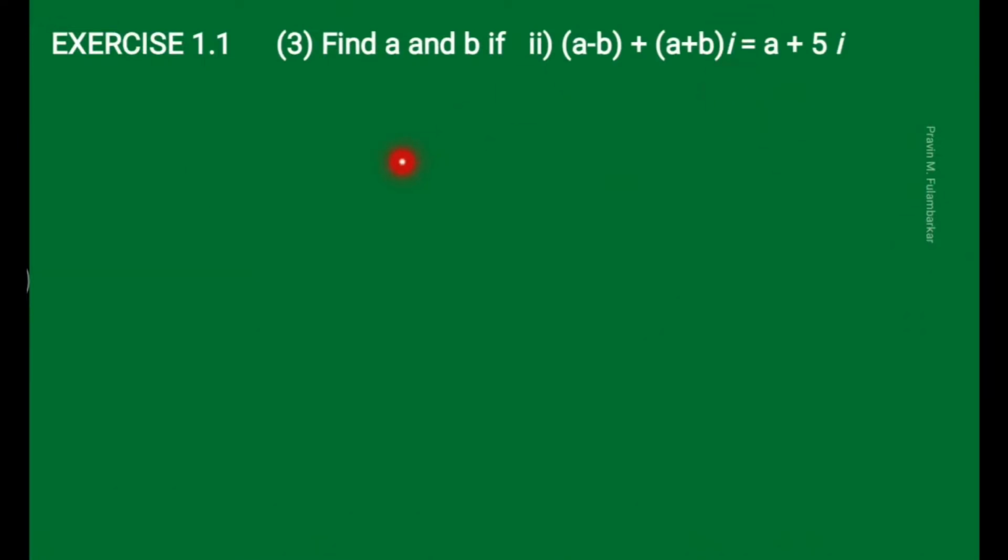Now see the next example. Second, a minus b plus (a plus b) into I equals a plus 5i. So the real part is in a bracket, the imaginary part is in a bracket, so we have to directly equate the complex numbers. So we write the given equation first.